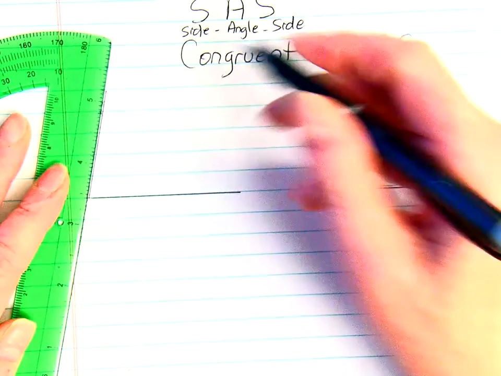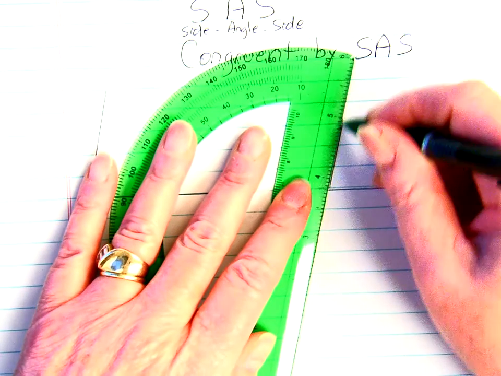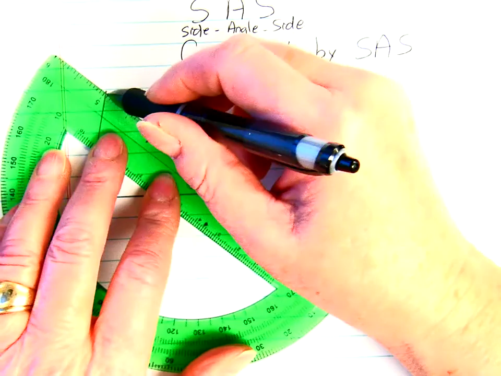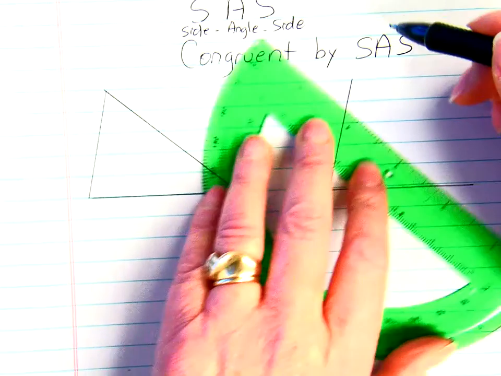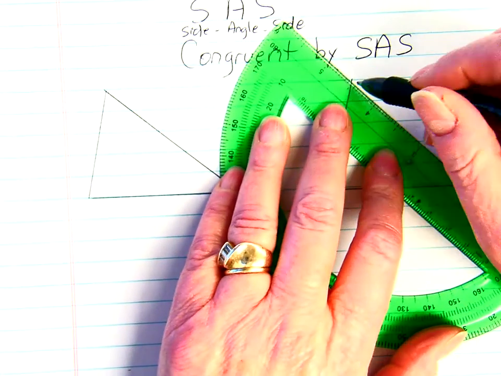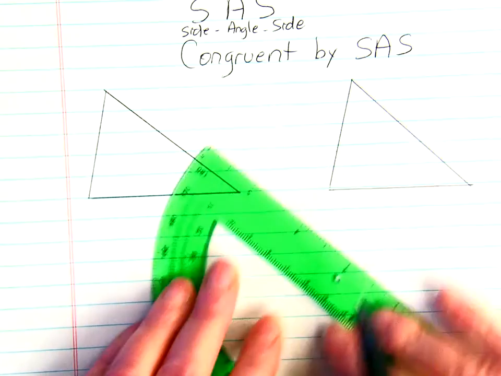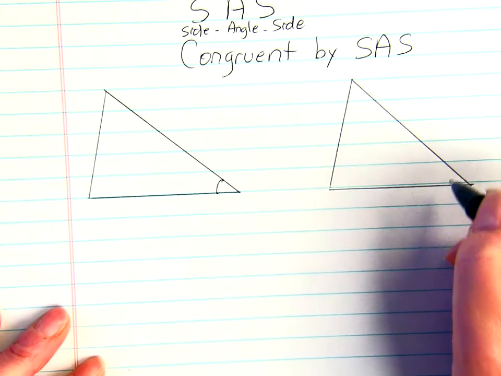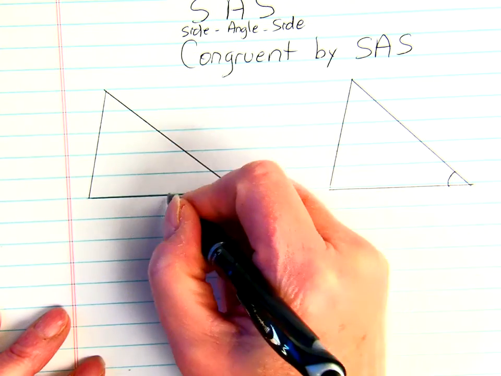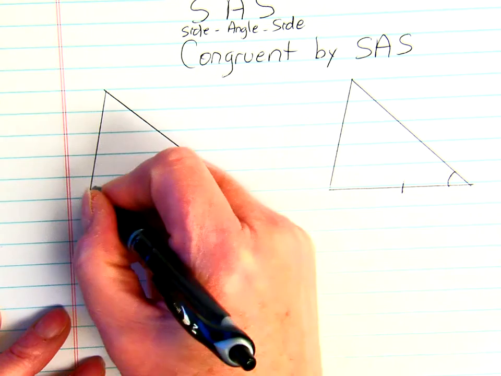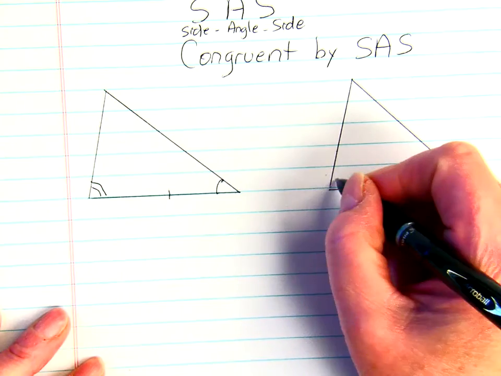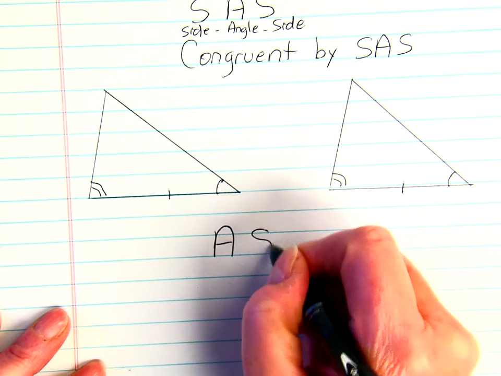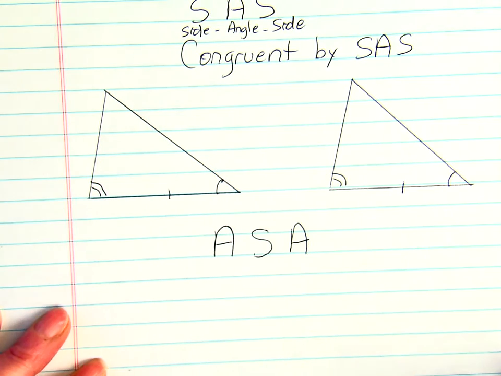So we've got angle, and here's our side. So in this case, we're going to be dealing with two angles and the side that is between them. So I'm going to say these angles here, this side, and this angle here. So this is going to be angle, side, angle.